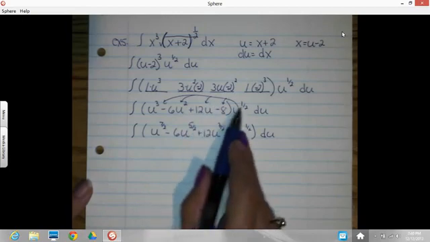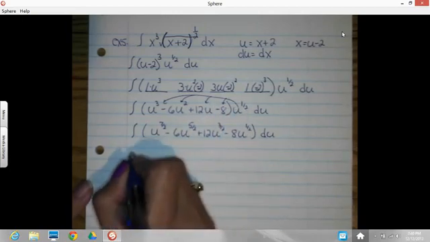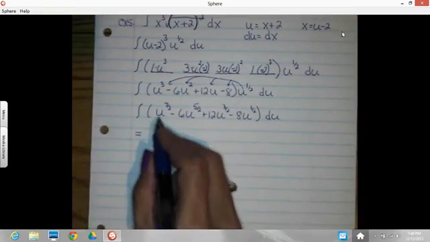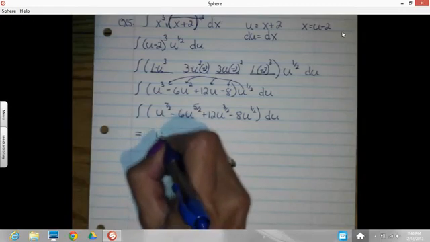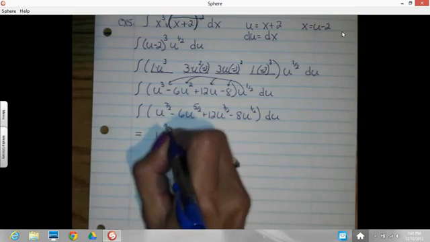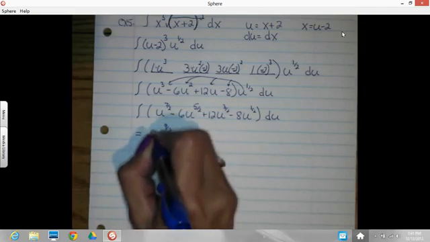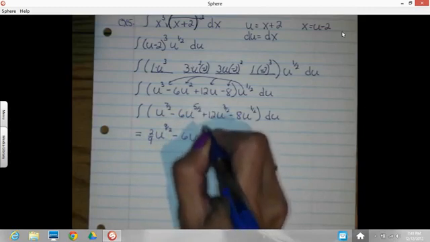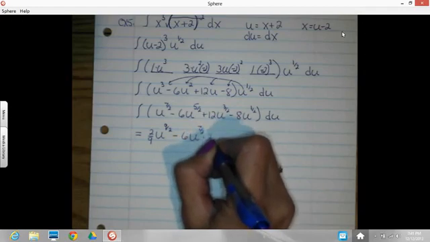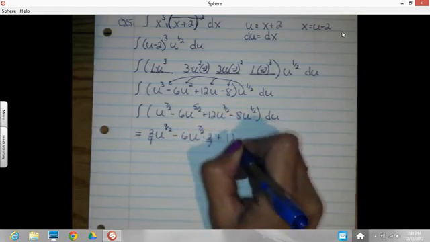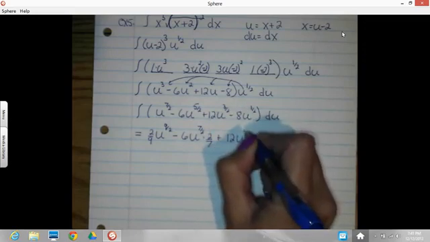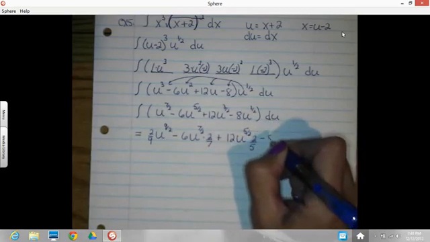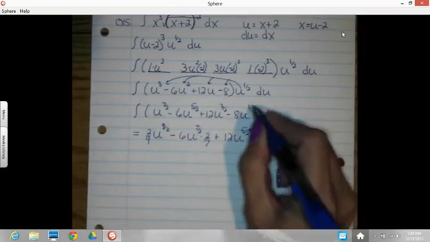Now I'm ready to integrate each term with the power rule, so I drop the integral sign, and here I go. So I get u, add 1 to that, that will be 9/2 times 2/9, minus 6u, that will be 7/2 times 2/7, plus 12u to the 5/2 times 2/5, minus 8u to the 3/2 times 2/3 plus c.